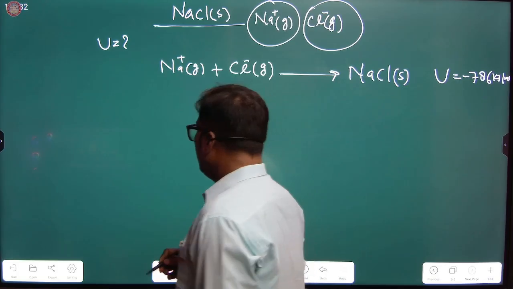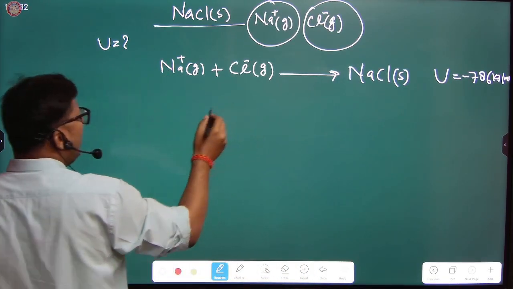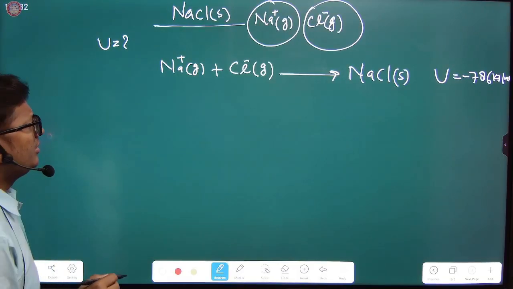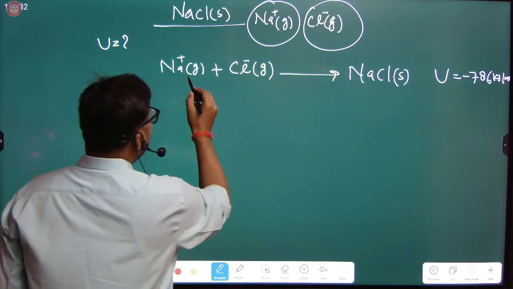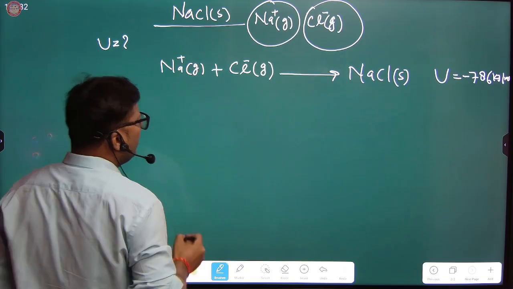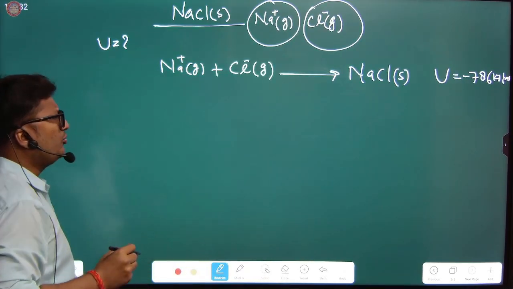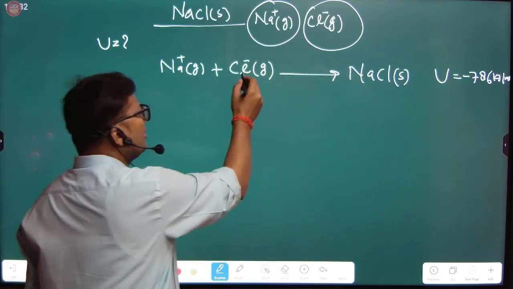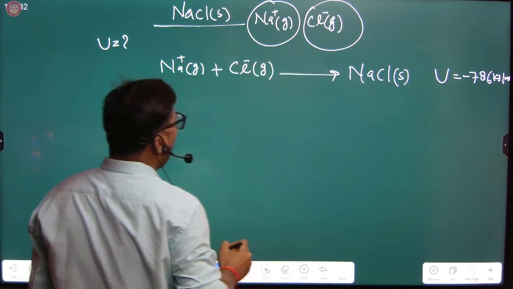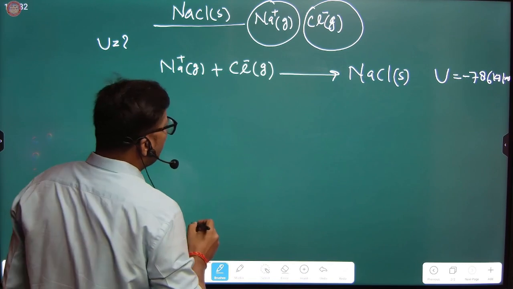From this we can understand that the sodium cation is treated as a positive point charge and the chloride ion is treated as a negative point charge.